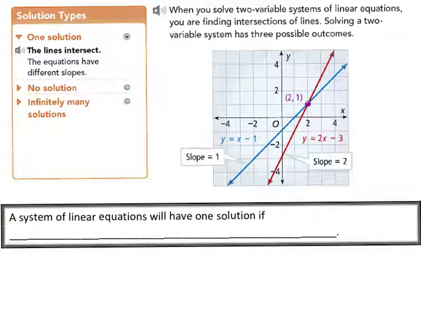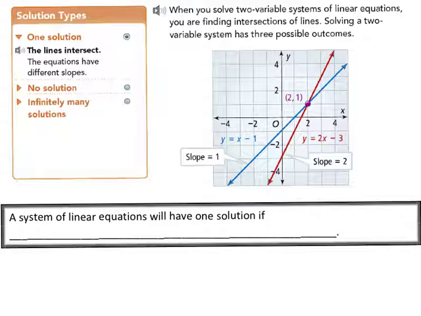Now let's talk about different types of solutions. When you solve two variable systems of linear equations, we found out in section 6.1 that you're looking for the intersection of the lines. So solving a two-variable system has three possible outcomes.